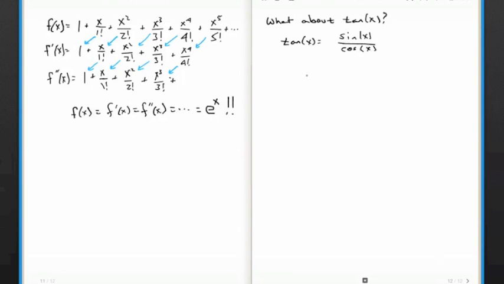And so the sine of x, we didn't talk about the sine of x, but remember the cosine, well, let's do the cosine first. The cosine turned out to be an even function, so it has the even powers. It was 1 plus x, oops, it was actually 1 minus.